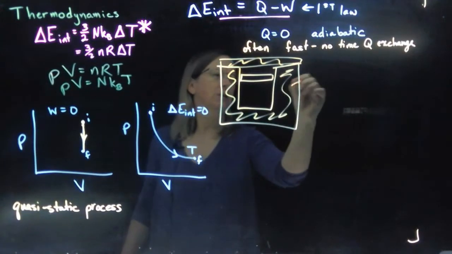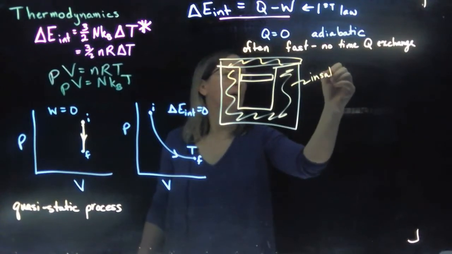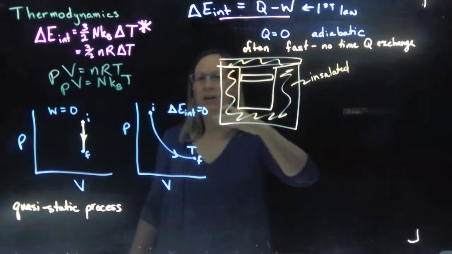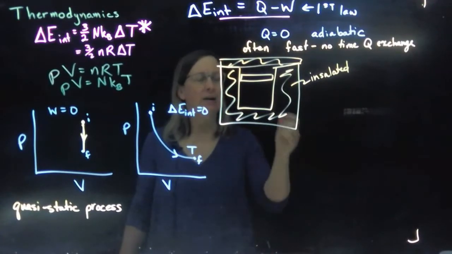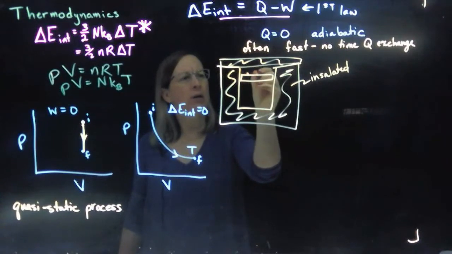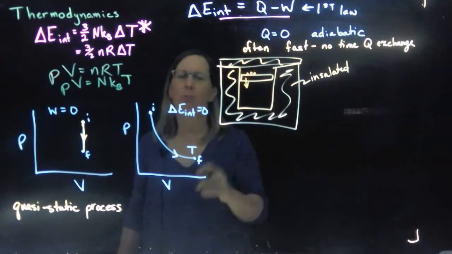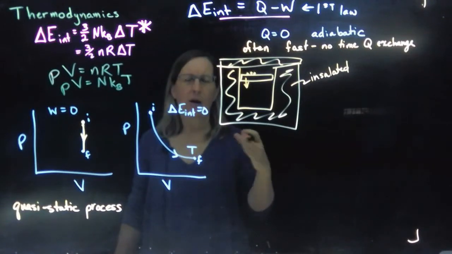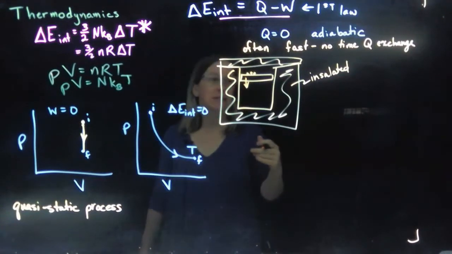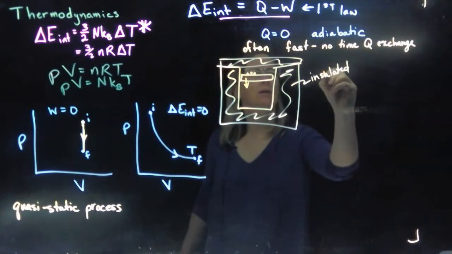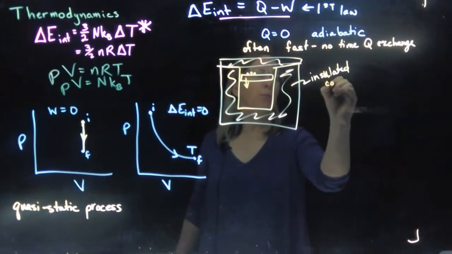All right, so this is insulated. So there's no way to have heat exchange with anything. And then we slowly, for example, drop some weights on here so we can compress this, okay? And so what's going to happen is this is insulated. We're going to compress.